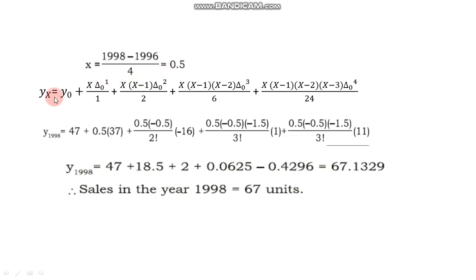Up to the fourth difference, so up to delta naught 4, you have to write the formula, then keep on substituting the given value for y at 1998. Here 0.5 minus 1 will directly give minus 0.5, so we can substitute directly. The first difference numbers are 37, minus 16, 1 and 11. Substitute directly and we will get 67.13, or else we can write 67 units.